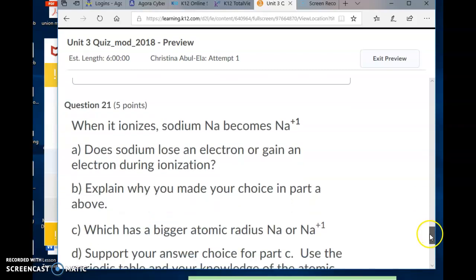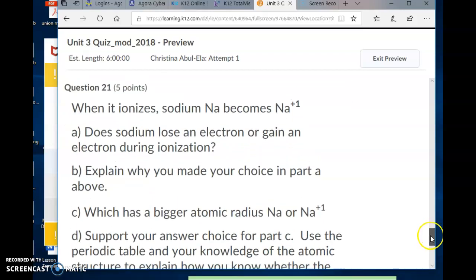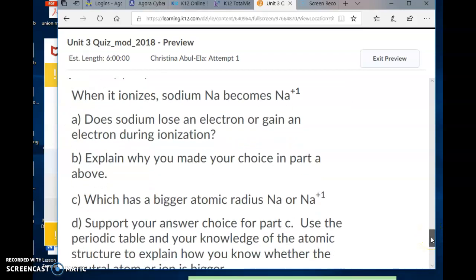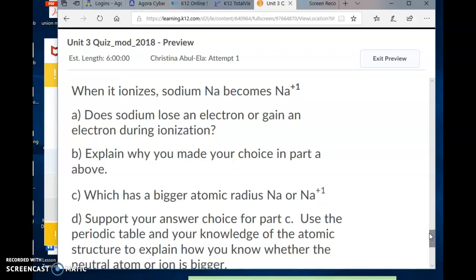And then question 21 is also an open-ended question. When it ionizes, sodium, Na, becomes sodium Na plus 1 ion. Part A, does sodium lose an electron or gain an electron during ionization? Part B, explain why you made your choice in Part A above.